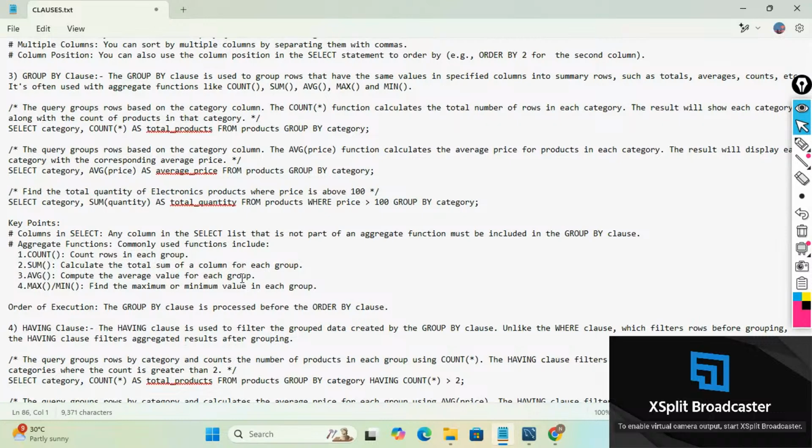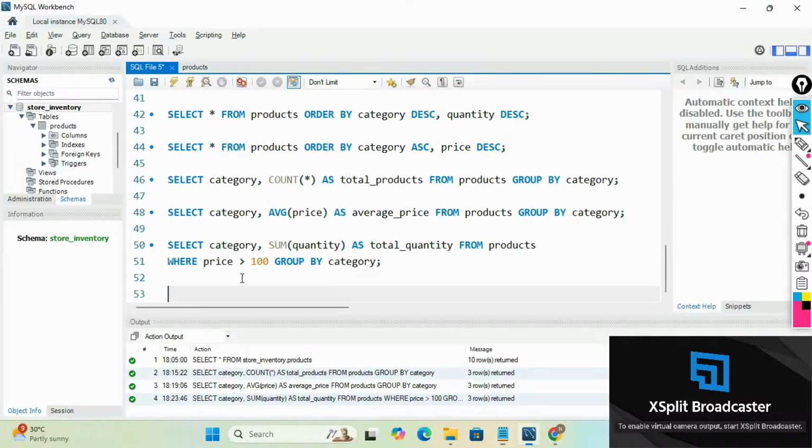Yes. But did you ever get this particular question? I'll do one thing. I'll remove this here, and then I'll try to add it after group by.